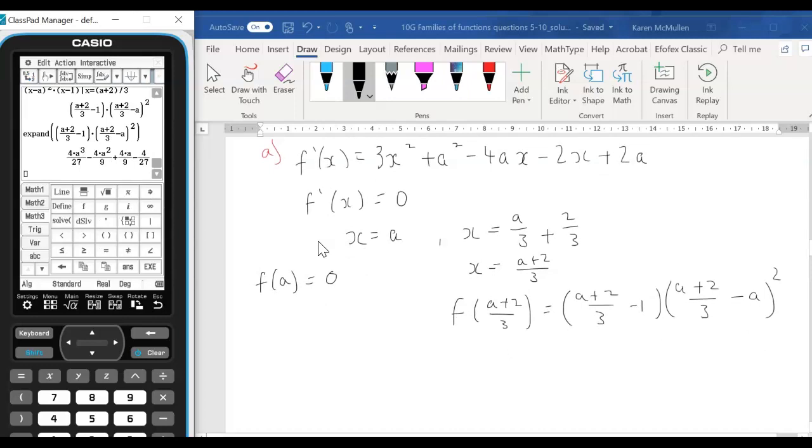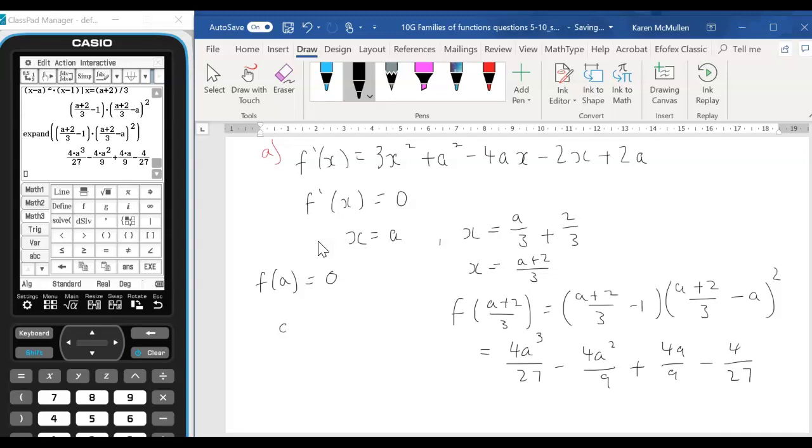Actually, I feel like I've done this question. Maybe it's just very similar. All right, so if you want to do that in expanded form, 9 plus 4a over 9 minus 4 over 27.